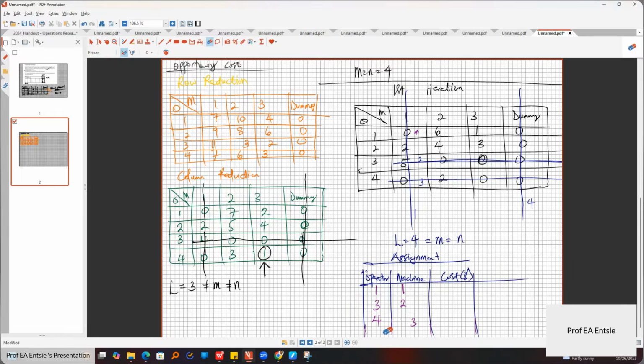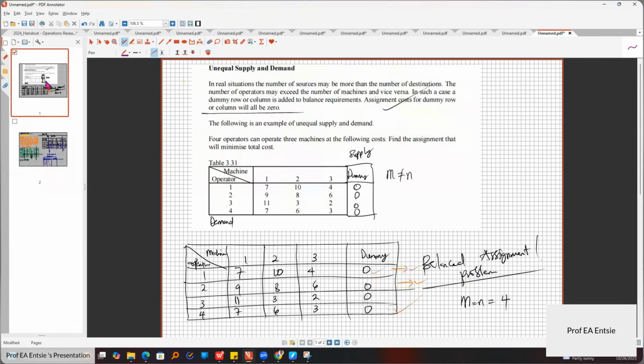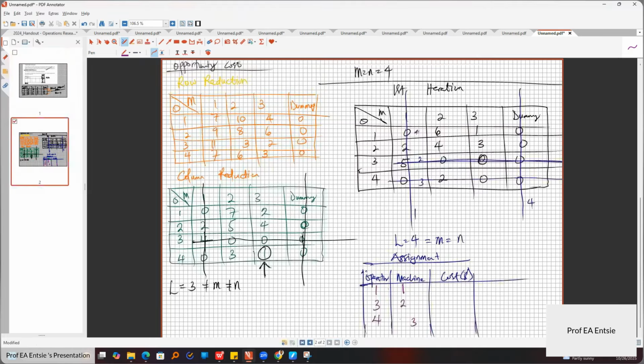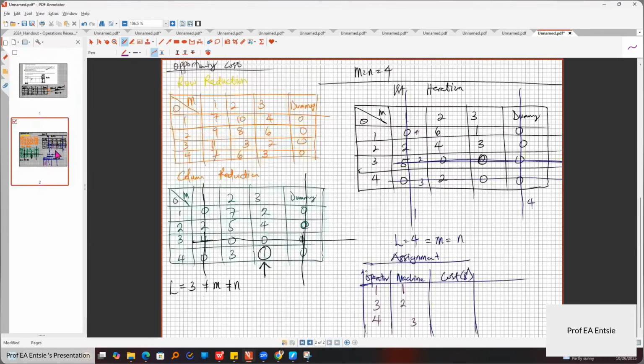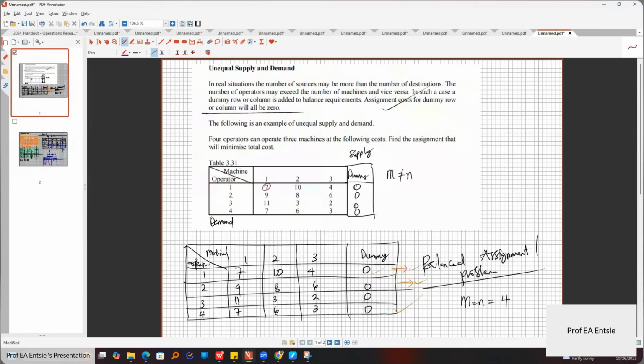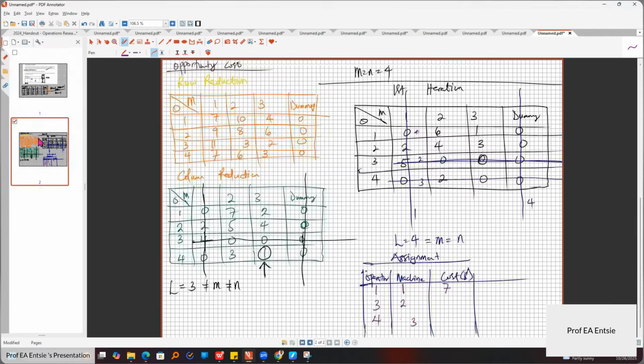So now let's see the cost. We see the cost from the original problem. If one is assigned to one, what is the cost? One assigned to one, this is the cost. The cost is $7. Then operator three is assigned to machine two, this is the cost, also $3.